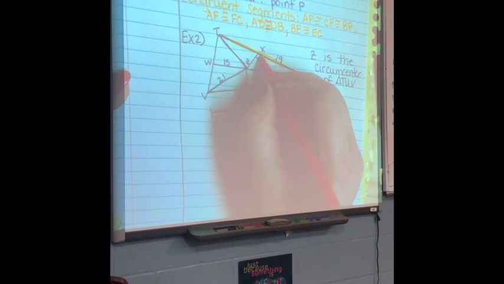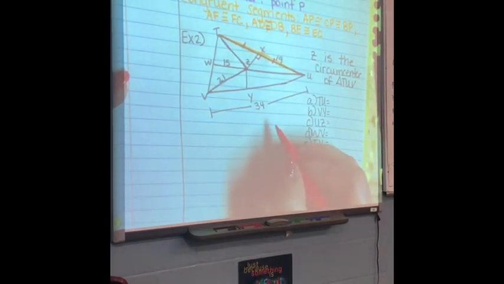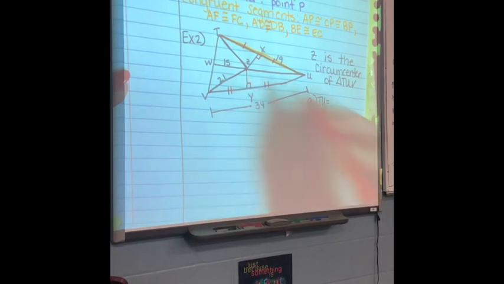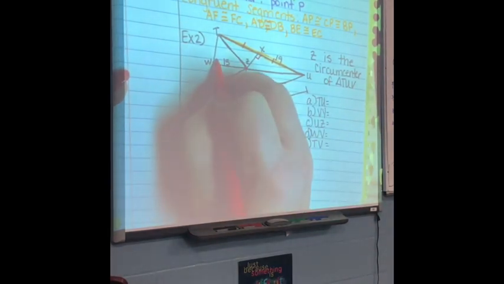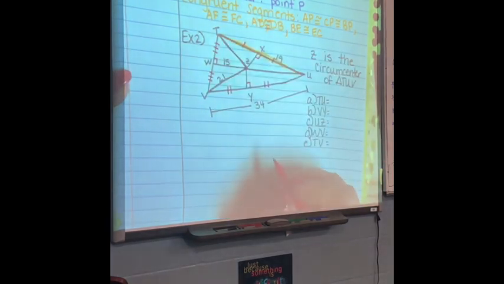I know that this side is bisected there and has a perpendicular bisector, right? What about this one? Perpendicular and bisected. And what about this one? Perpendicular and bisected. What else do I know is congruent here?